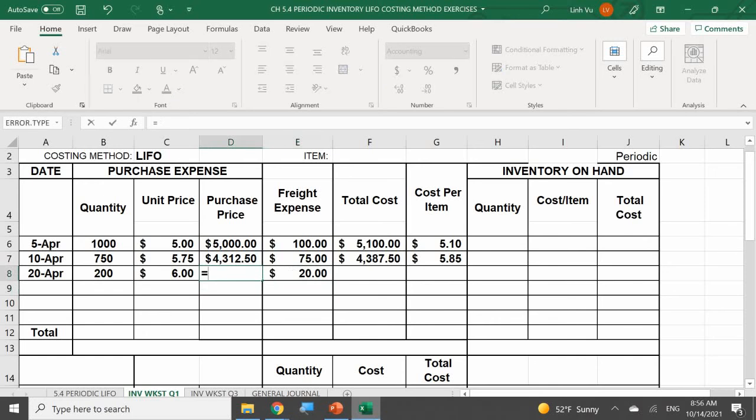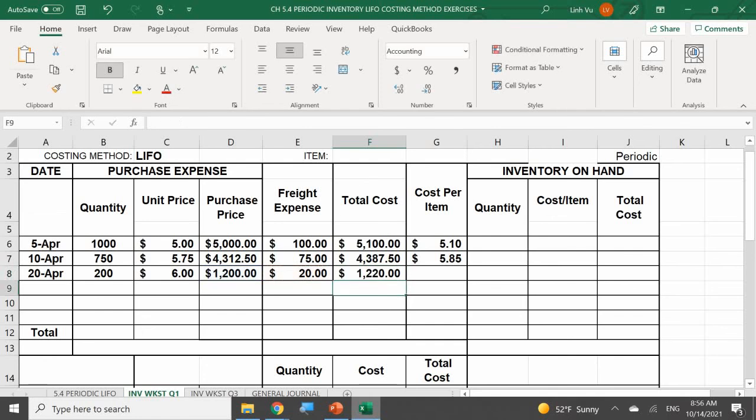So what's my purchase price here? 1,200. 1,200 plus 20 gives me a total cost of 1,220, which brings my cost per item to be $6.10.